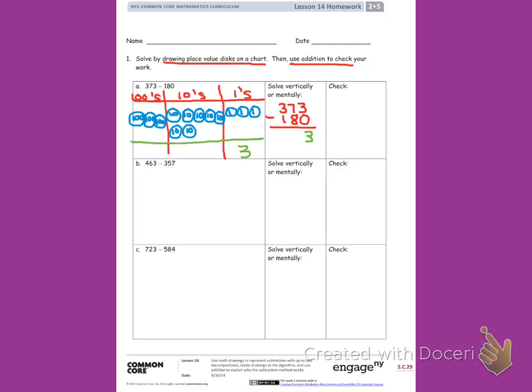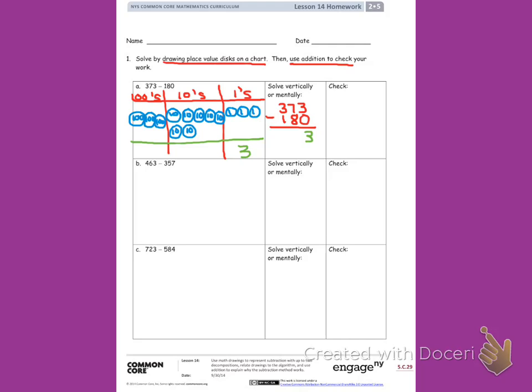In 180, there are 8 groups of 10 in the number, so I'm supposed to look at what I have. I have 7 groups there, and I'm supposed to take away 8 groups of 10.